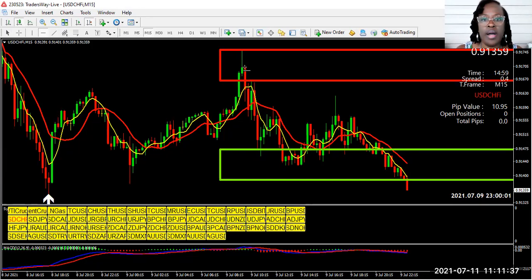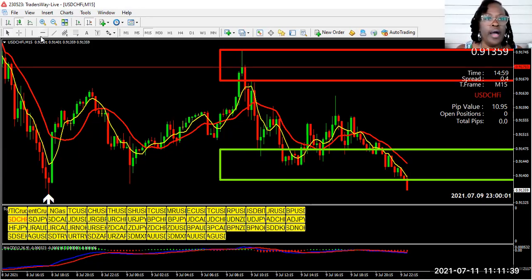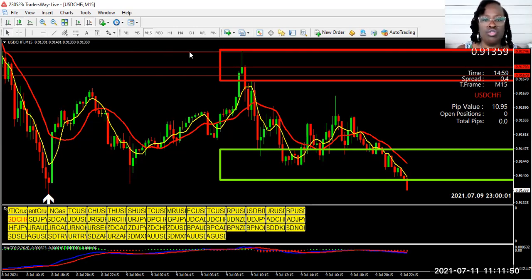So I will drop my support and resistance. You can drop it on the high and low of the smaller candle, but because I have this wick here, I'm definitely going to identify this as a potential entry as well. As you can see, I'm in the supply zone where sellers accumulate, so I'm in a good position. Once price reaches this price point and the remaining entry confirmations are met, take the trade.